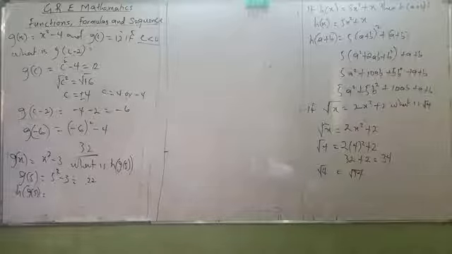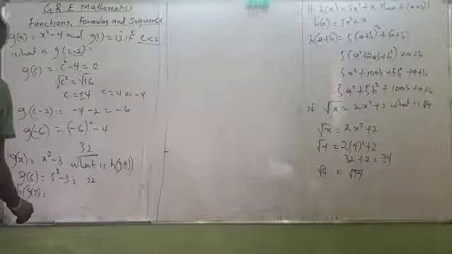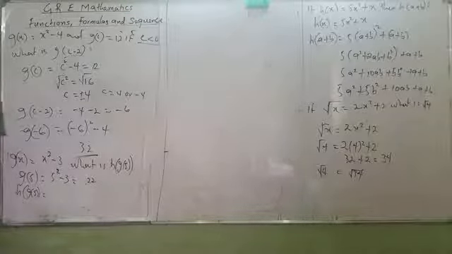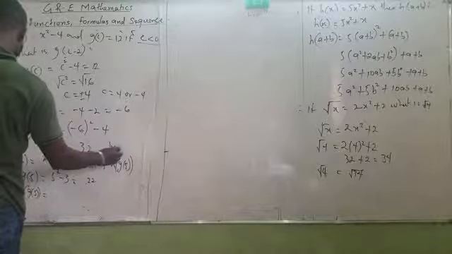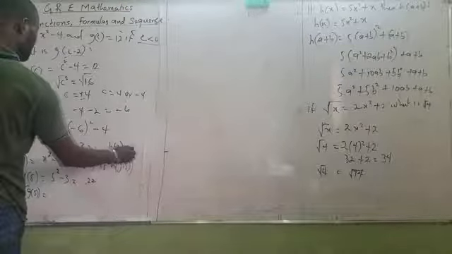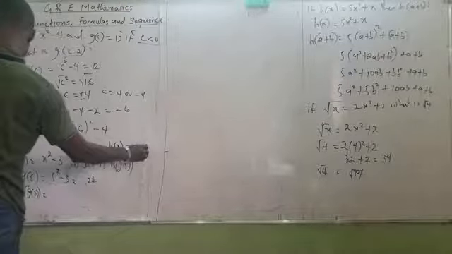It will be equals to h of that, which I'll be having. It will be equals to... the h of x is given. What is the h of x? Sorry, h of x is given from the question, which is h of x equals to 2x minus 1.